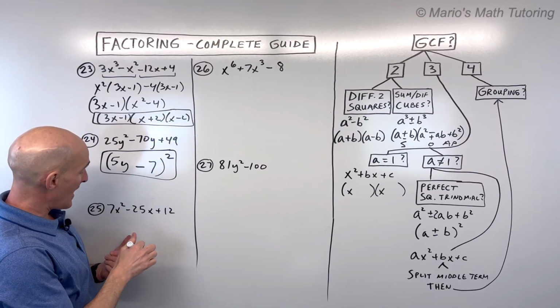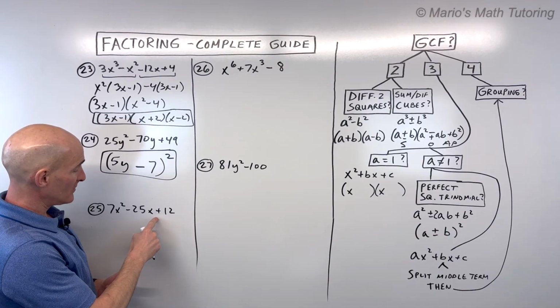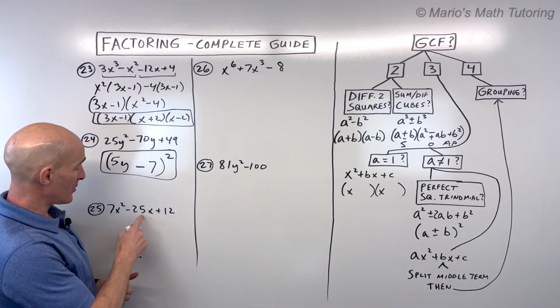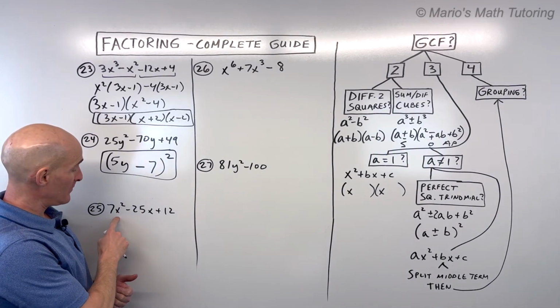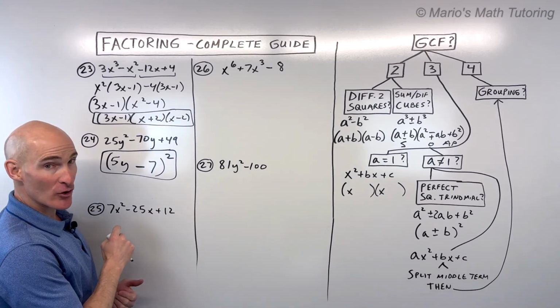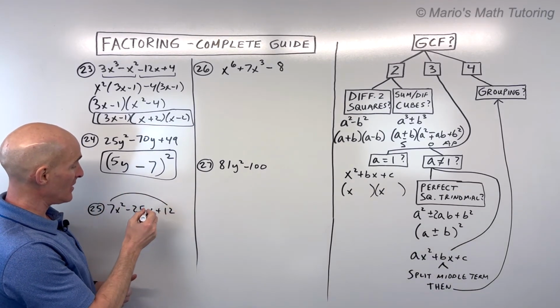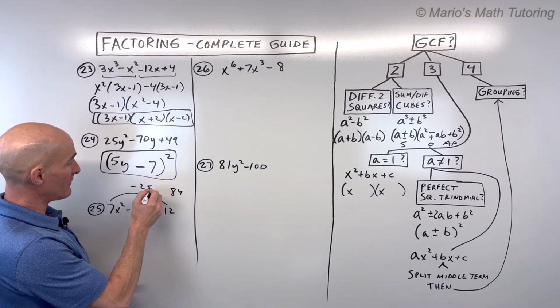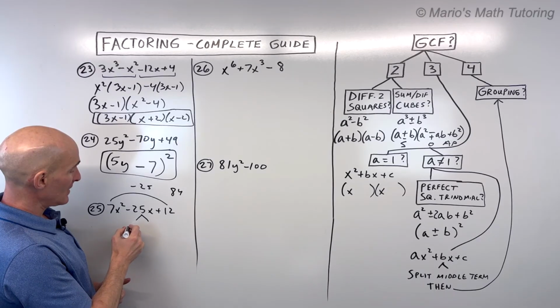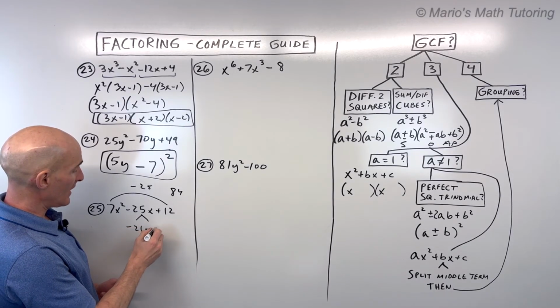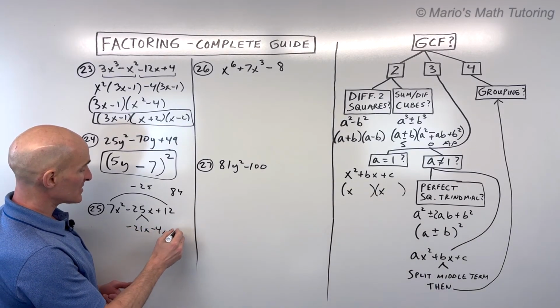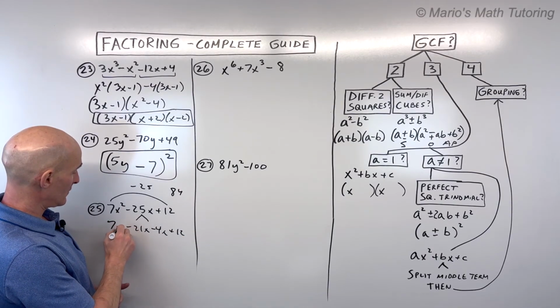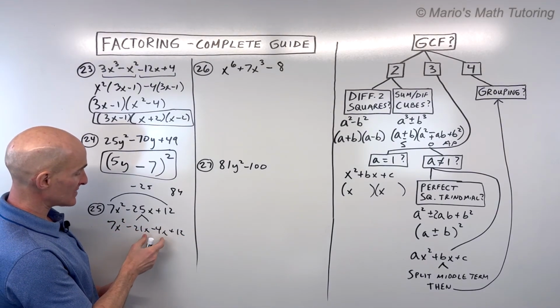For number 25, same thing, a trinomial, not a greatest common factor in there. Leading coefficient's not 1, but this is not a perfect square trinomial. So we're going to do our AC method. What multiplies to 84 but adds to negative 25? That's going to be negative 21 and negative 4. So I'm just splitting that middle term, okay, into negative 21x and negative 4x.